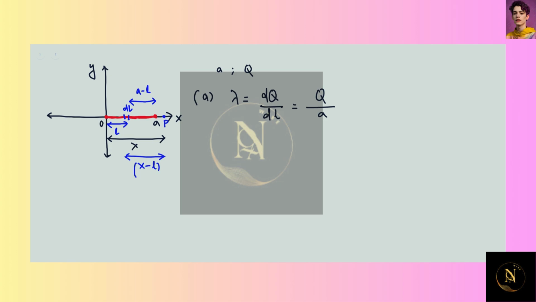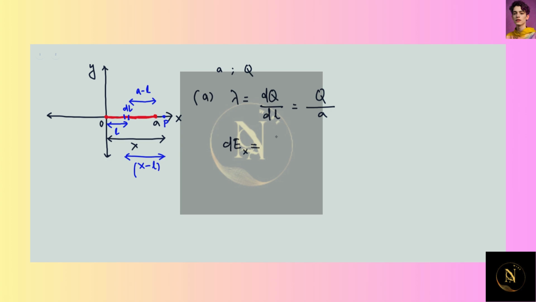Now the horizontal differential component, that is the horizontal component of electric field due to the small charge residing in this small segment of the rod, let's call that dEx.